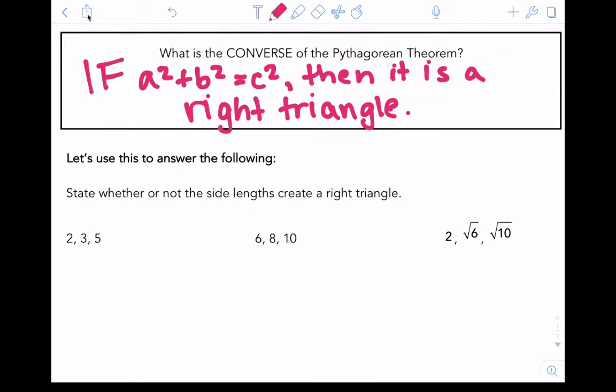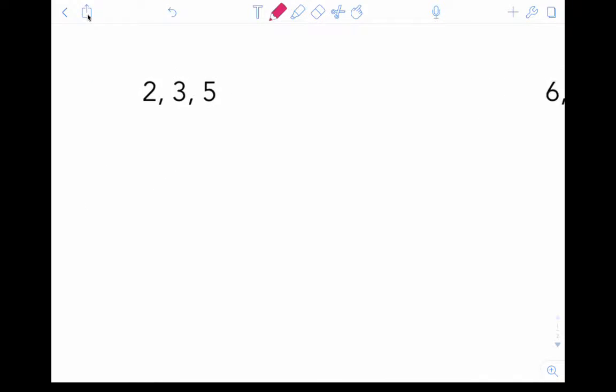Let's state whether or not the side lengths that are given to us create a right triangle. Starting with 2, 3, and 5. We have three side lengths, and we need to figure out if they create a right triangle.